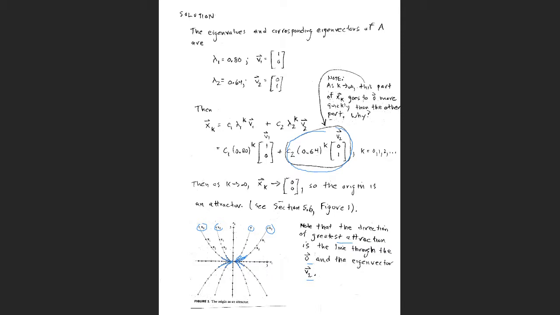Look at how the vectors are approaching the origin in the beginning. In the beginning, does it look more like a vertical approach or a horizontal approach into the origin?